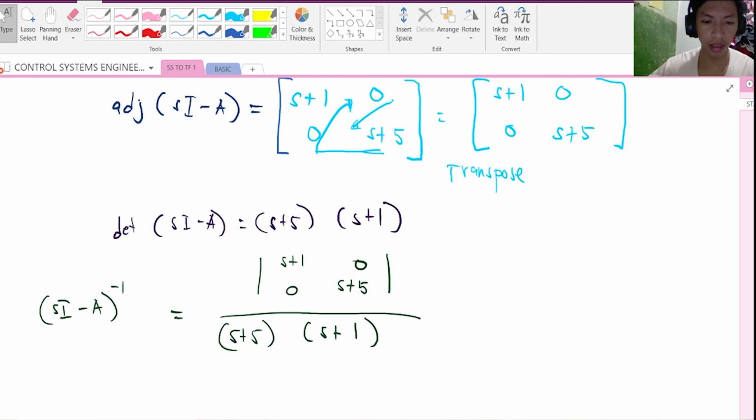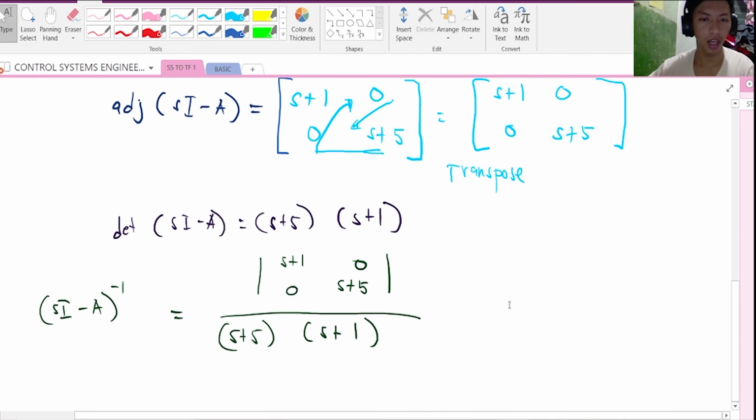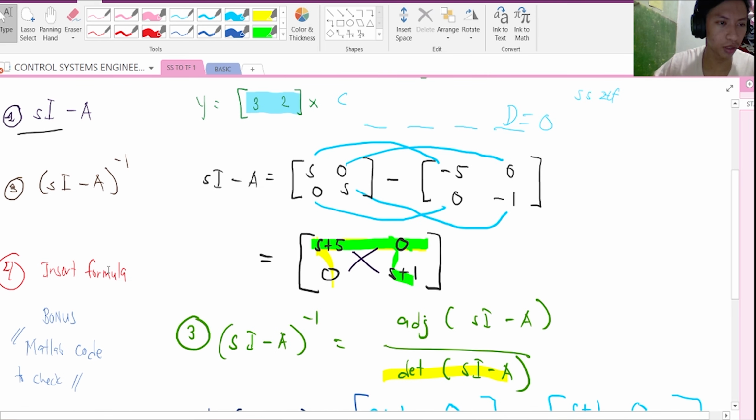That's why in my MATLAB code this one is the numerator, and then I decided to name the denominator determinant. With that being said, we're done with our step 3.